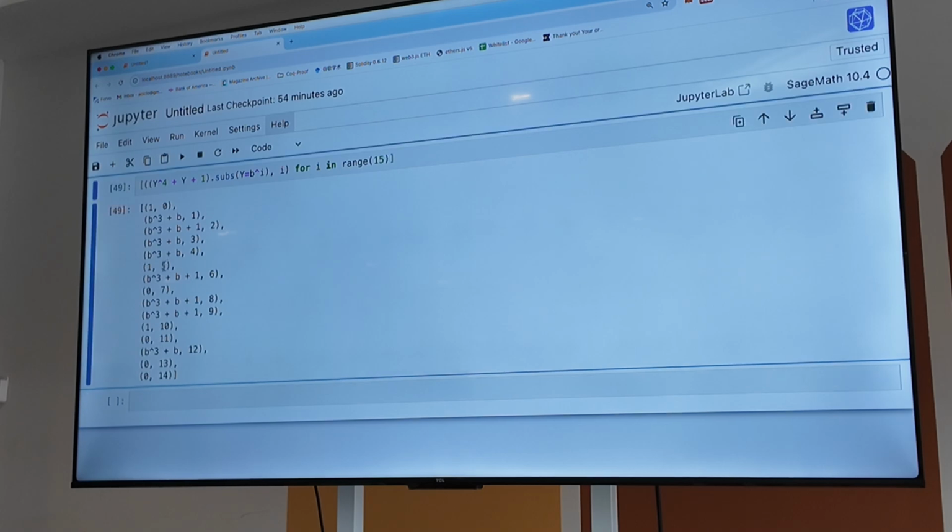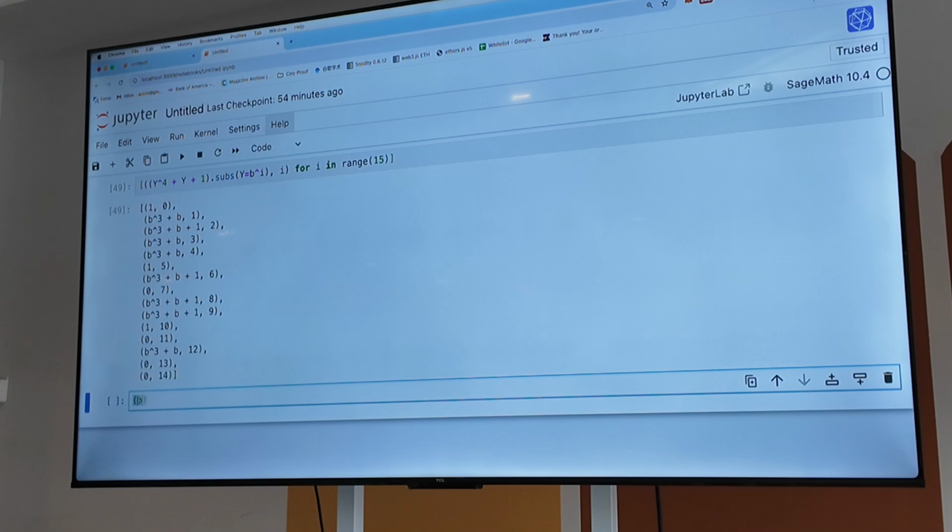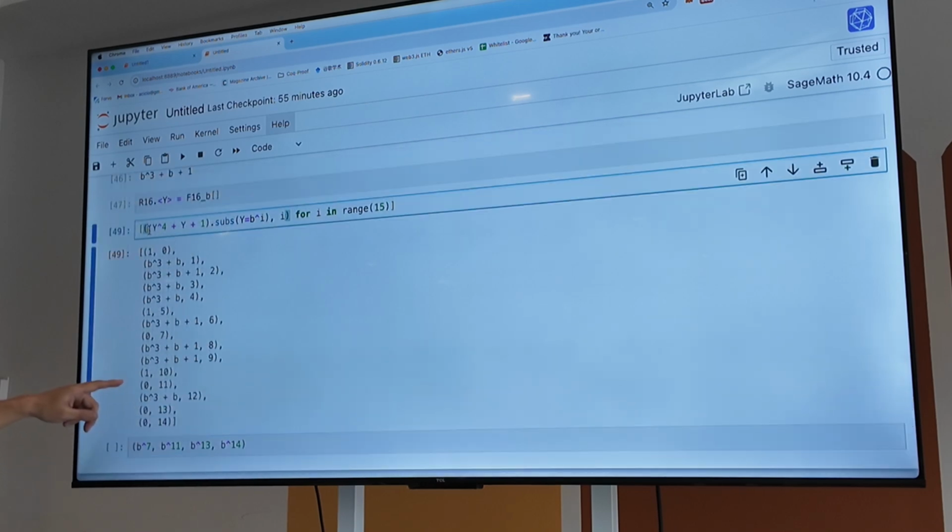We have b to the 5, 6, 7, b to the 11, 13, and b to the 14. These elements are roots of this polynomial.